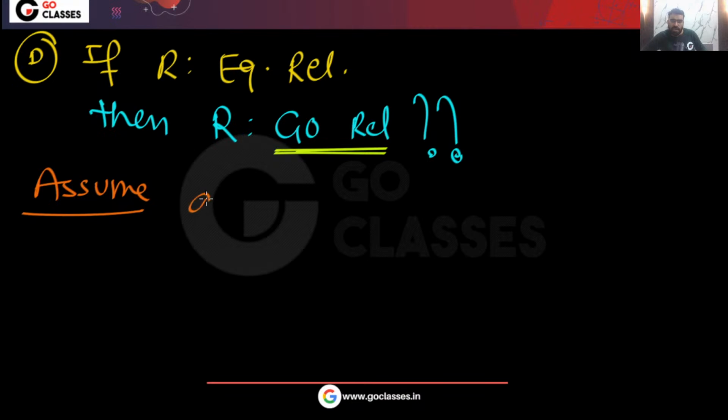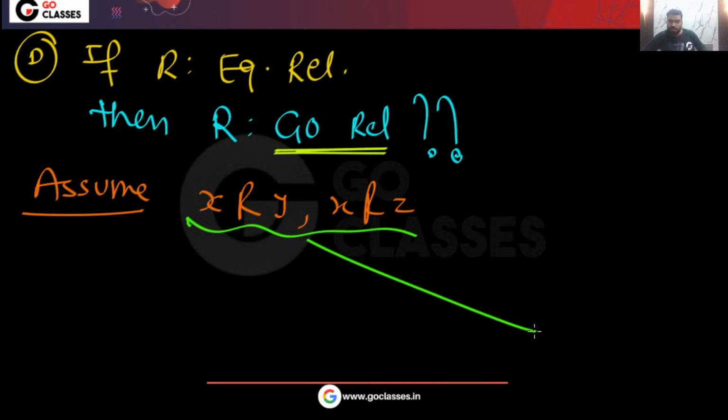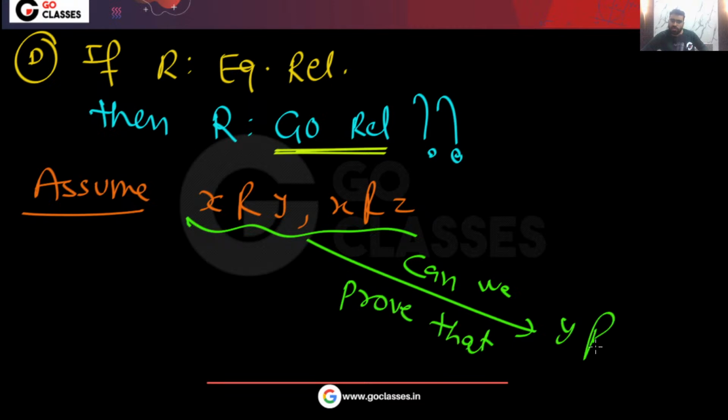You will assume that x is related to y and x is related to z. Yes or no? Now, if you want to check for go relation, then basically, can you guarantee that y will be related to z? Basically, can we prove that y will be related to z?